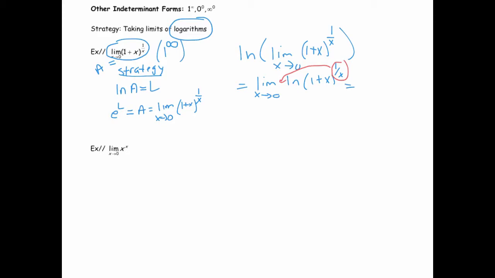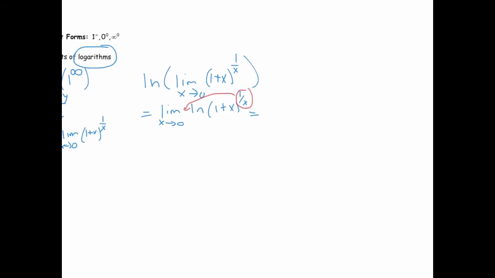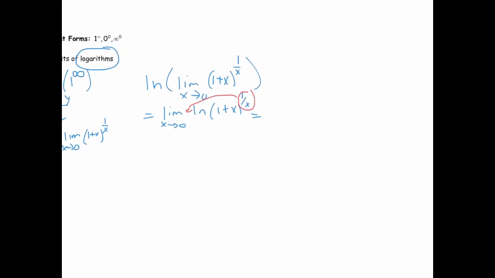So this is equal to the limit as x goes to 0 of 1 over x times ln of 1 plus x, which I think would be better if it was written as the limit as x goes to 0 of ln of 1 plus x divided by x.